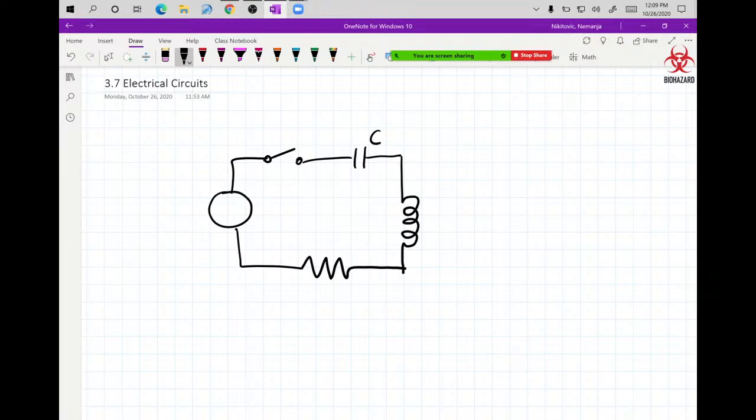This is an electrical circuit, a continuous loop in this case, and you have your switch over here, which can be switched on and off. When you close it, the electrical current should flow through the circuit, and each one of these components does a different thing.